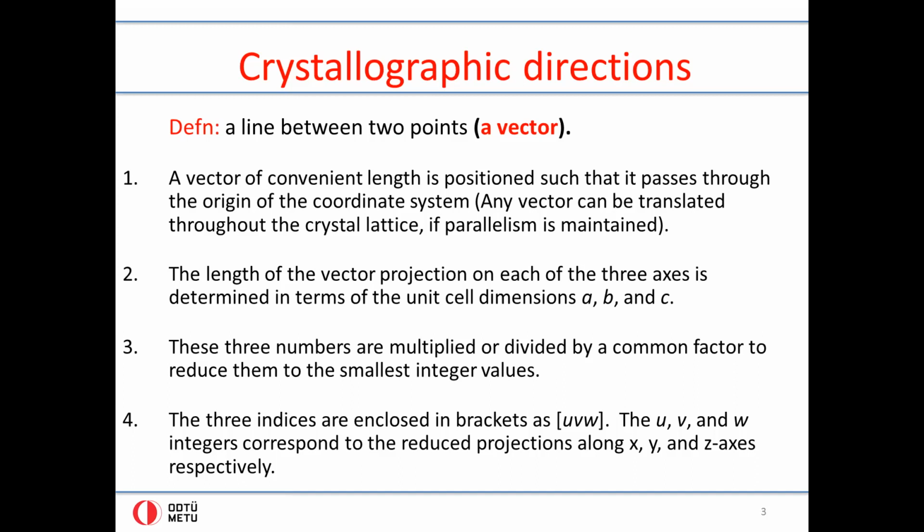And these numbers are enclosed in square brackets when they're being shown, to indicate that the numbers show a crystal direction, hence a vector between 2 points. U, V, and W correspond to the reduced projections along X, Y, and Z, respectively.